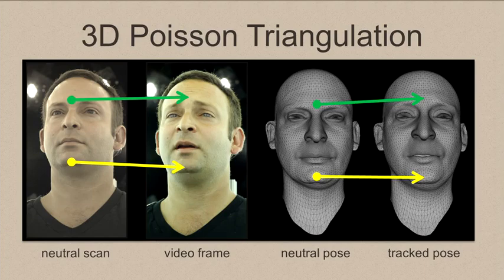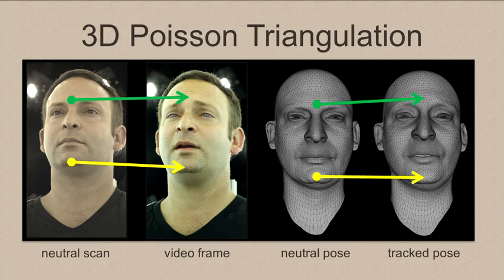And to ensure that we have a smooth surface on the face, we also use a Poisson constraint to try to keep the local surface shape similar from one frame to the next, or from the scan that matches your frame to the frame. And we solve all of this using a nice least squares solver. I don't have to worry too much about that.